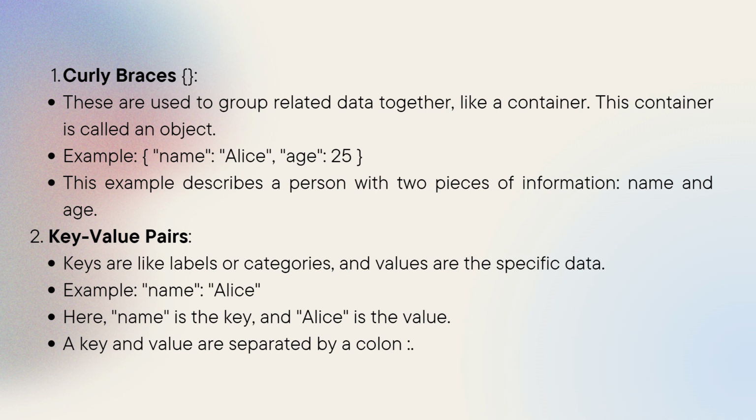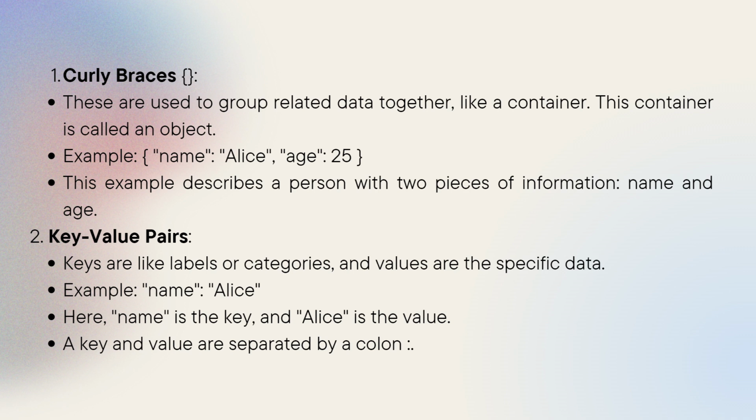Secondly, it uses key value pairs. These are like labels or categories that specify the type of data that you're storing in this format. For instance, the key in this example is name and the value assigned to the key is Alice.